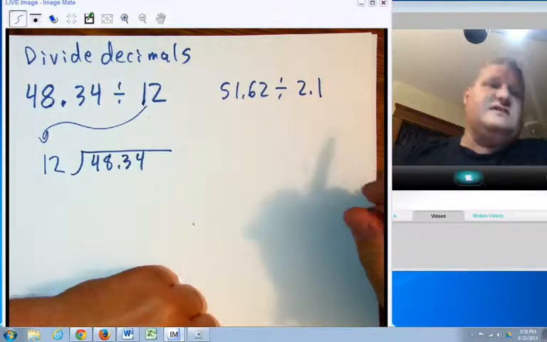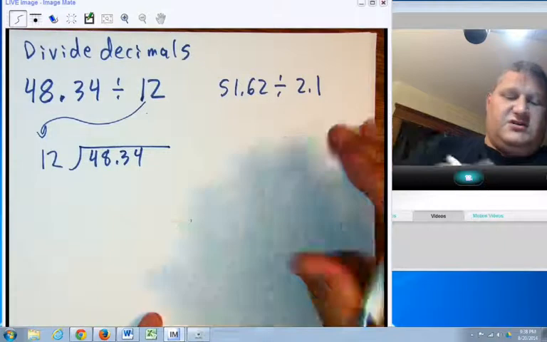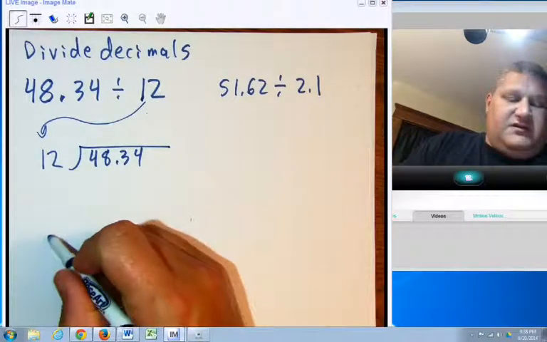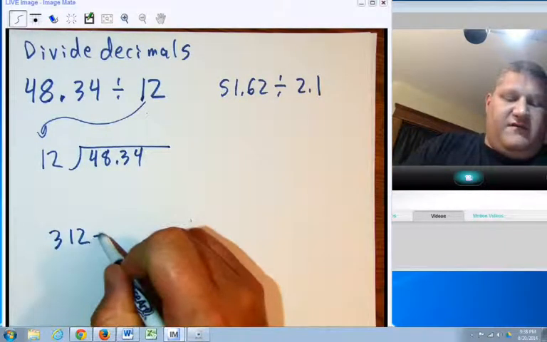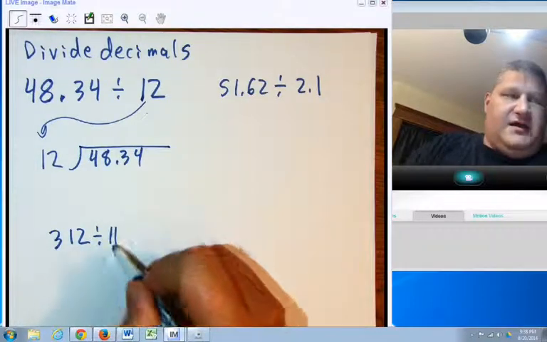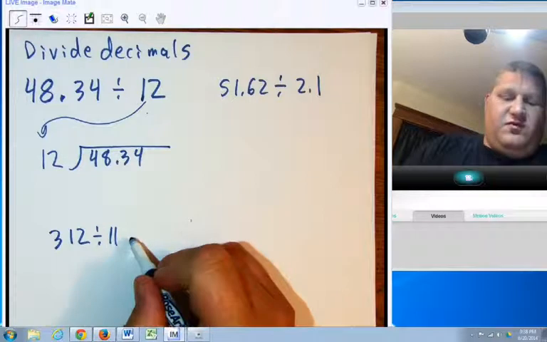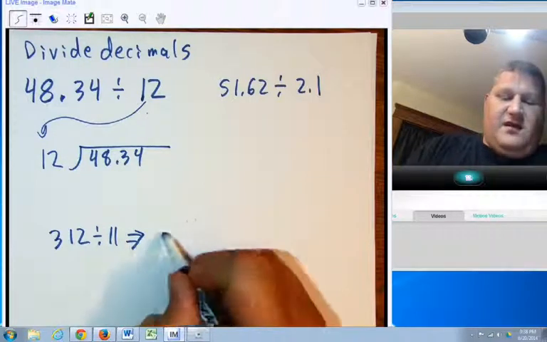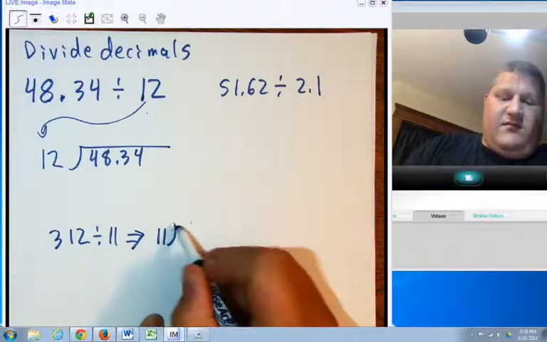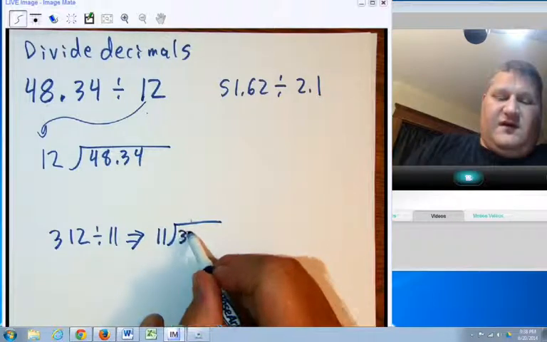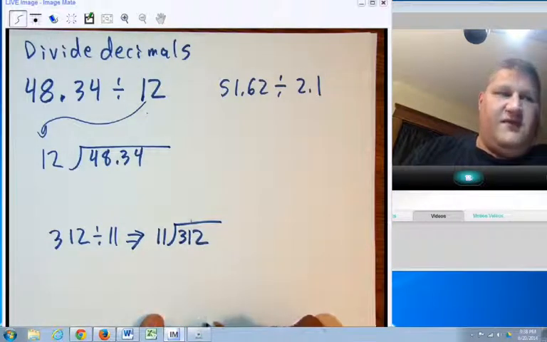Just like we did in multiplication, I want to actually do an easier problem. Let's do 312 divided by 11. Now, 312 divided by 11 would be written like this. 11 out front, because we're going to be dividing 312 with it.